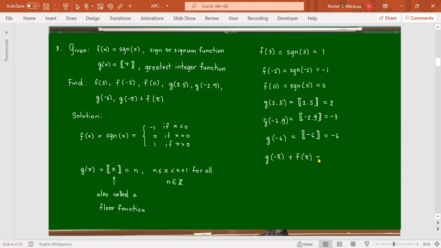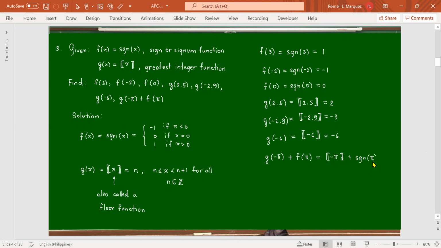What is this, guys? What is g of negative pi? It is the greatest integer of negative pi, plus sine of pi.